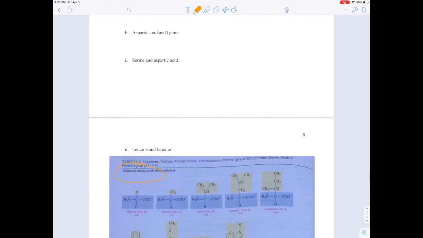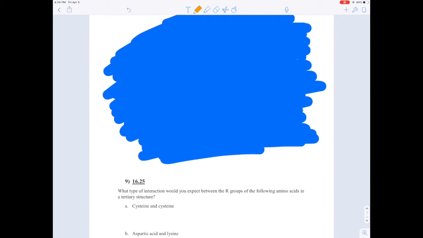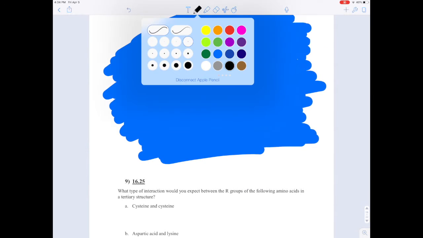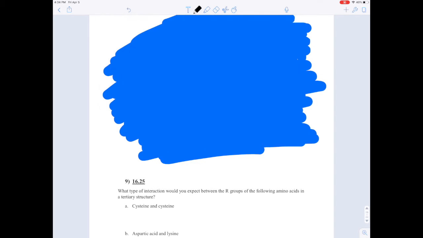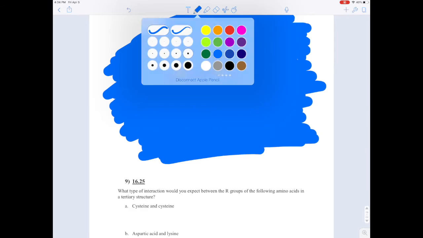Okay. Well, what happens if you have a chain of amino acids? So here's our amino acid chain. And some of the R groups are nonpolar. And some of the amino acids are polar.